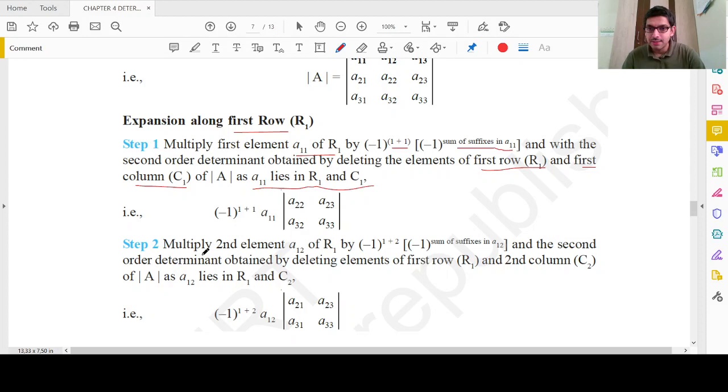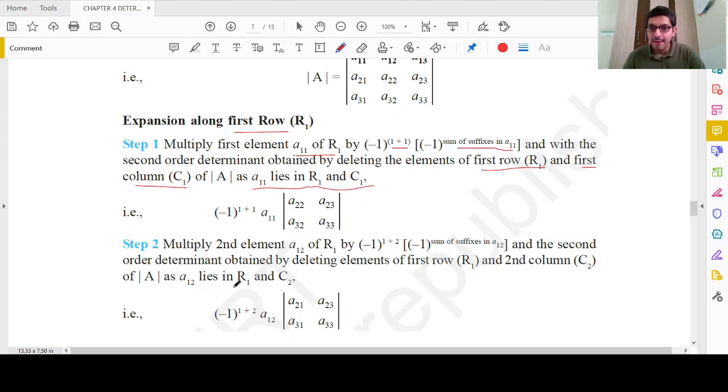Now after doing this, multiply the second element A12 of the first row. That is, we are expanding along the first row. So the second element of the first row is A12. Again the same procedure: multiply A12 with minus 1 to the power 1 plus 2, where 1 plus 2 is the sum of suffixes in A12, and multiply with the second order determinant obtained by deleting the first row and second column, because A12 lies in the first row and second column.